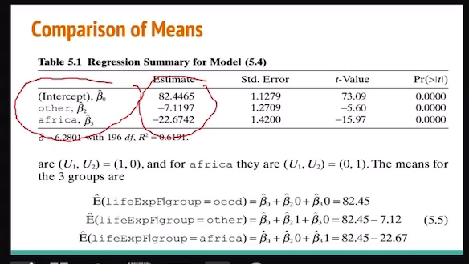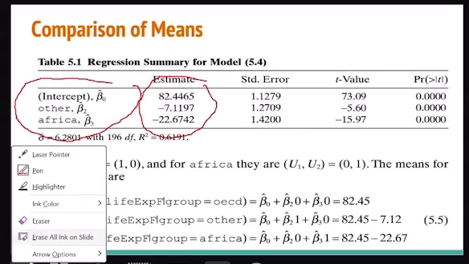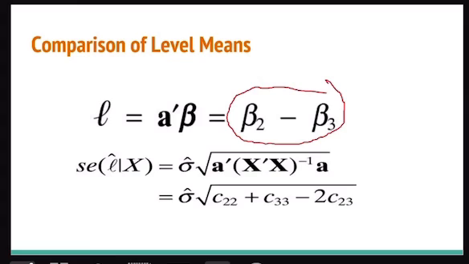For instance, if I decide that I want to compare others and Africa, we call that comparison of level means. I'm going to do beta 2 minus beta 3.